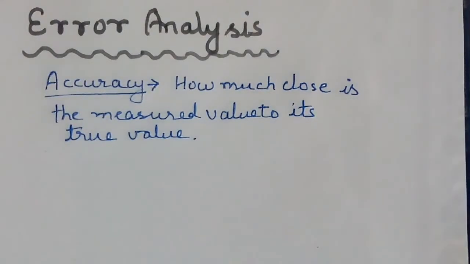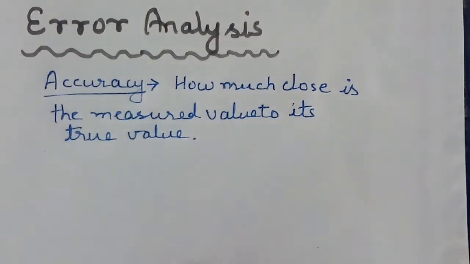This closeness of a measured value with the actual or the true value of a measured quantity is known as accuracy.